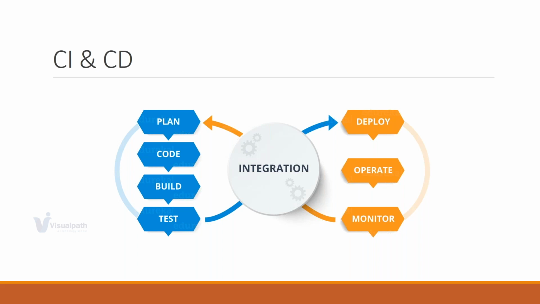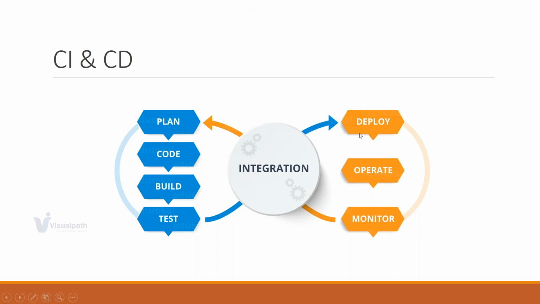Now the same process, if I automate it without any human interaction, once the plan is done, the coding will be developed by the developer itself, we can't automate that. But once the coding part is done, the build and test we can automate. If you automate this entire process, we call it continuous integration. The same way, CD stands for continuous deployment.